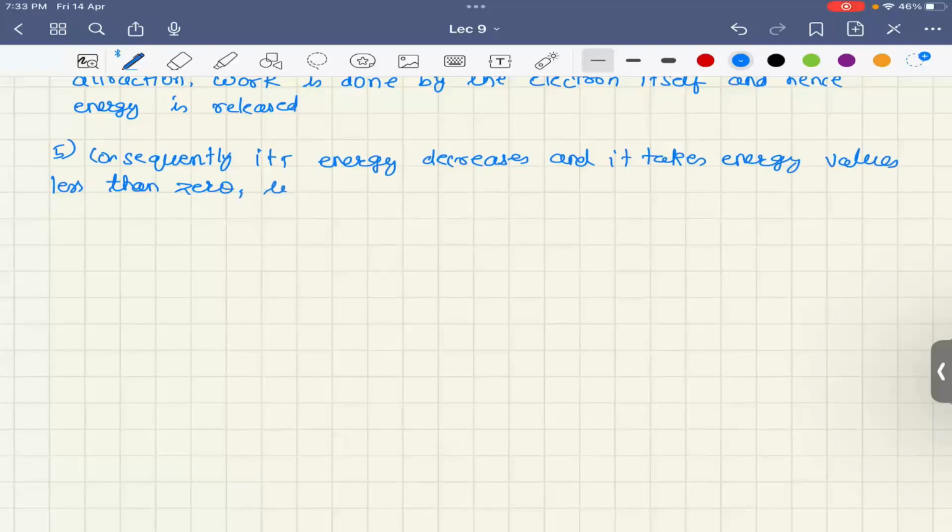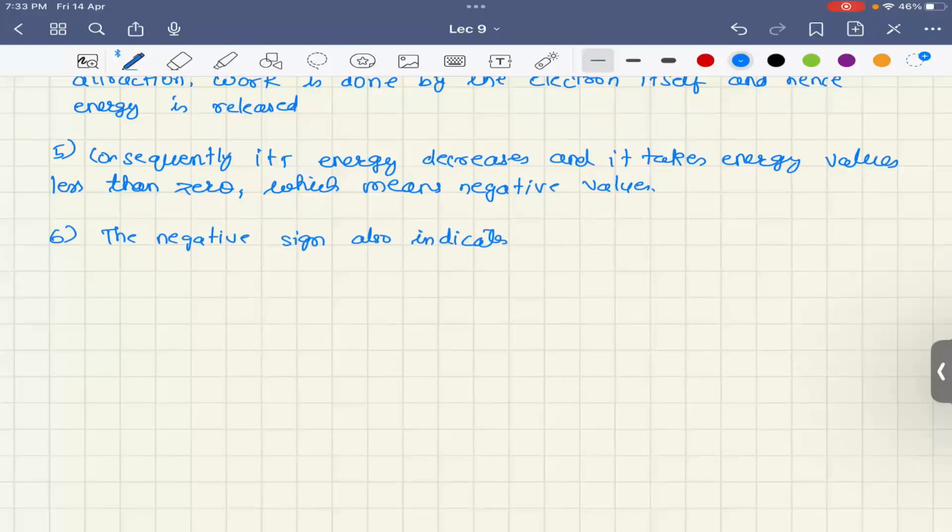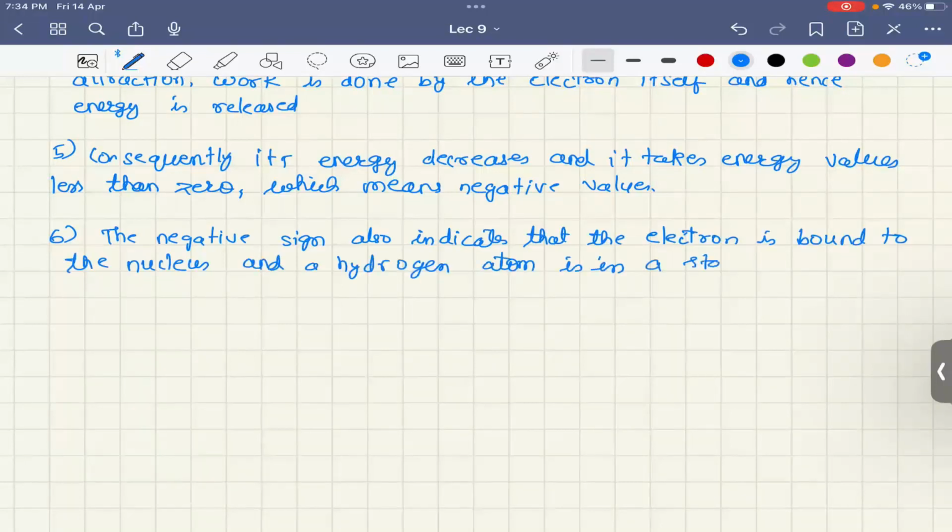Which means negative values, right? The negative sign also indicates that the electron is bound to the nucleus, and the hydrogen atom is in a stable state, right?